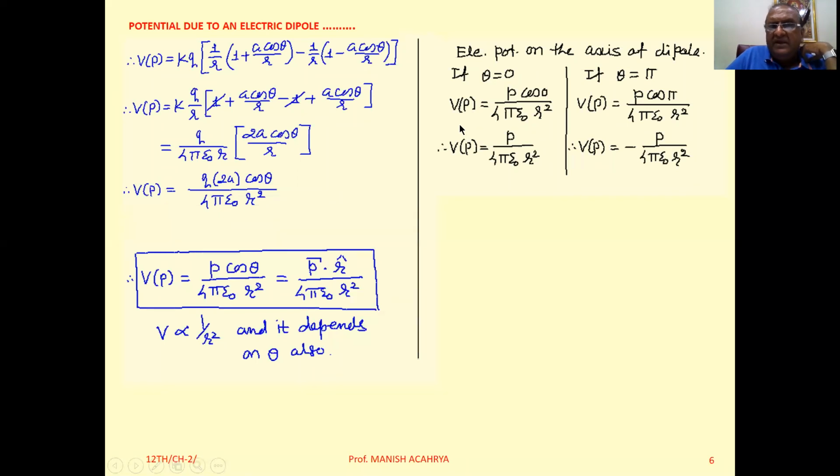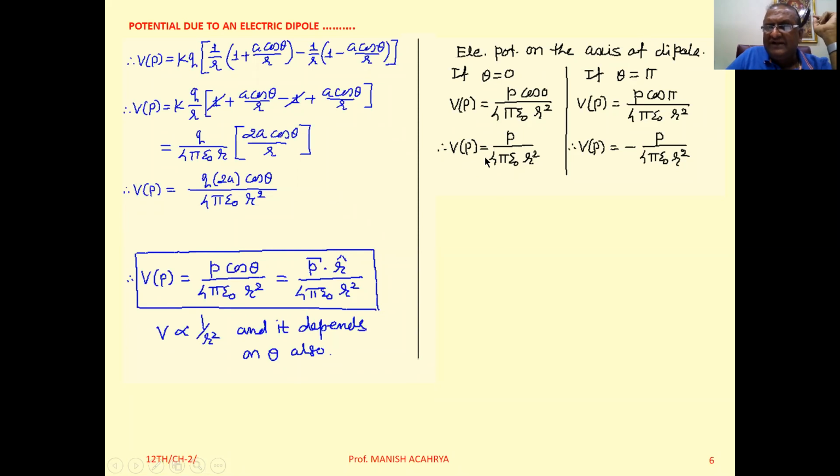So if in the equation of potential we take theta equal to 0, then potential is P cos 0 upon 4 pi epsilon 0 R square, but cos 0 is 1.